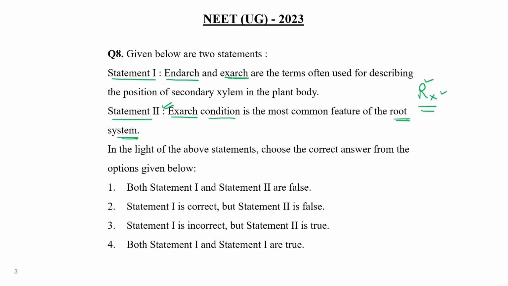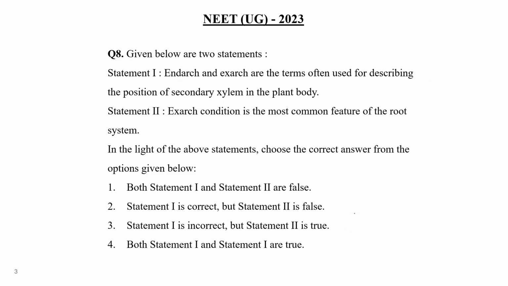While endarch and exarch are the terms used to describe the position of primary xylem, protoxylem and metaxylem, not the position of secondary xylem. So statement 1 is incorrect and statement 2 is correct. Choice number 3 would be the correct answer.